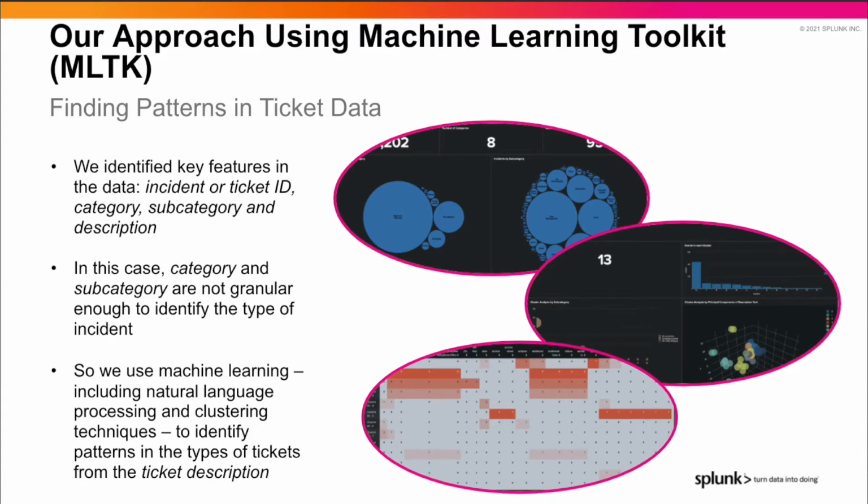So the first one is, of course, a ticket ID, having some kind of identifier that allows you to track the activity that's associated with it. That was pretty prevalent. We also saw that category and subcategory were 2 key bits of information that were usually associated with tickets.